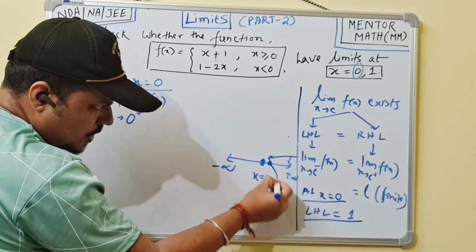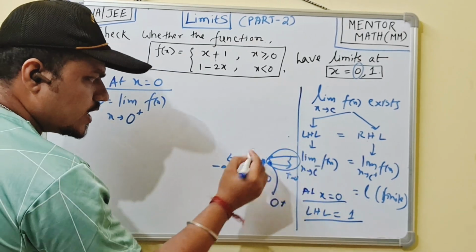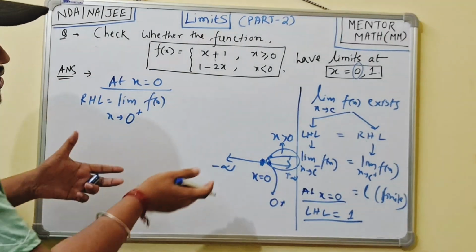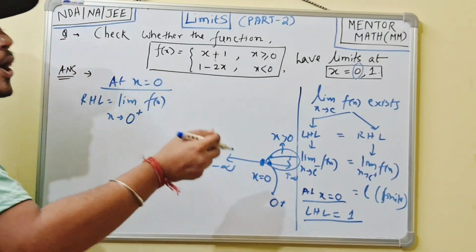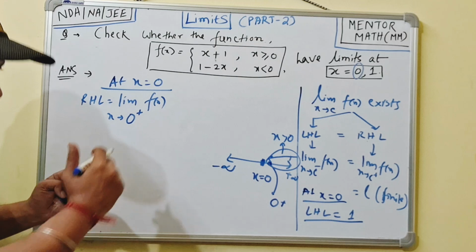So this point is 0 plus, and whatever value you take from that side is obviously x greater than 0, like 0.0001. Obviously this point is greater than 0.